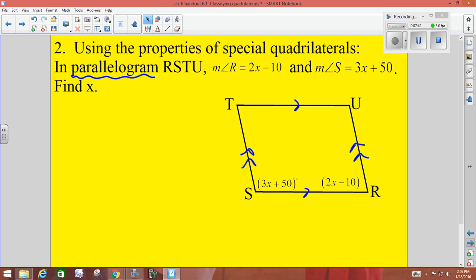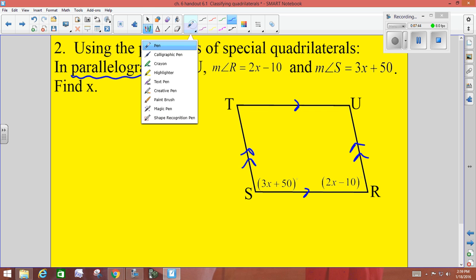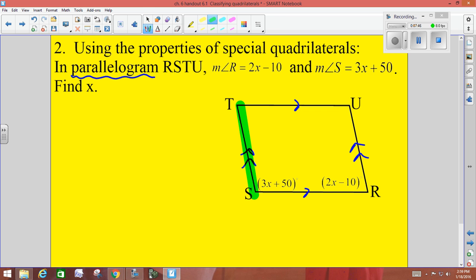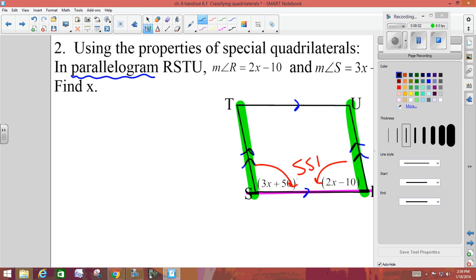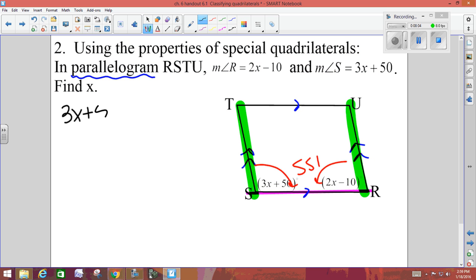You have like 4 different sets of them. 2 parallel lines cut by a transversal. S and R become what kind of angles? And if the lines are parallel, same side interior angles are supplementary, equal 180. Good. So then we have to say 3x plus 50 plus 2x minus 10 equals 180.